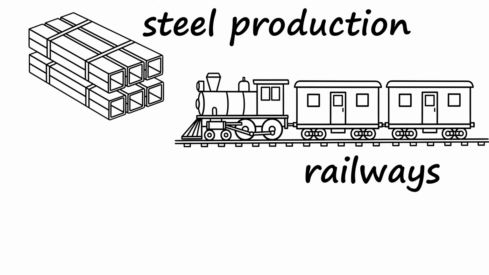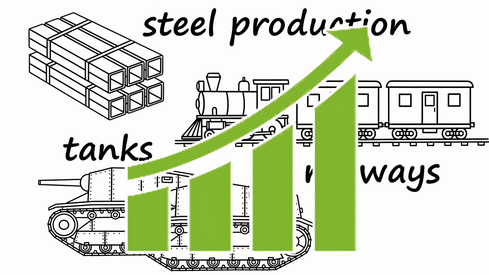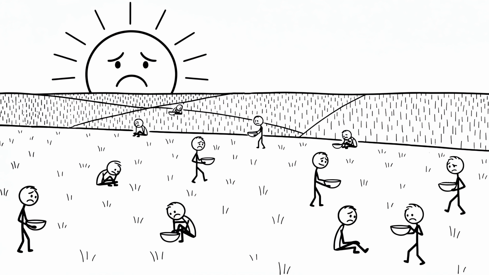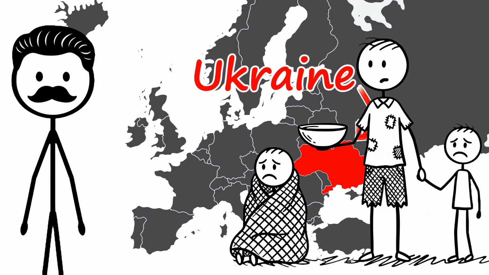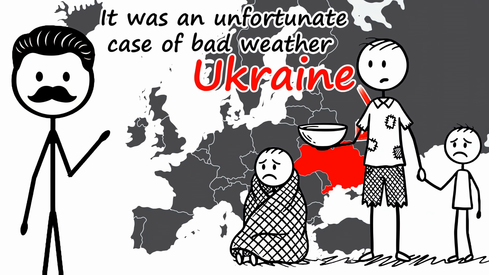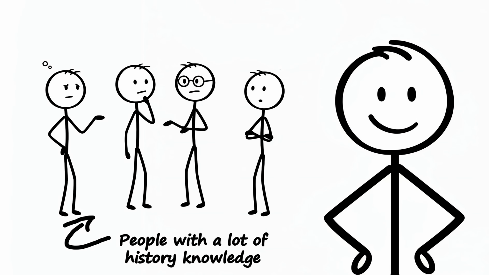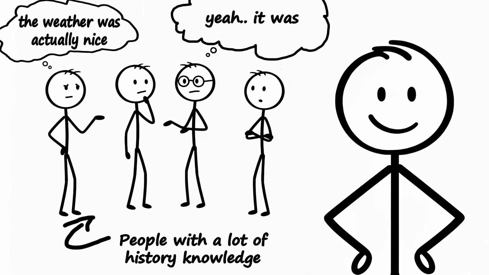Steel production, railways, tanks, everything skyrocketed. Unfortunately, so did famine. His forced collectivization of farms led to mass starvation, especially in Ukraine where millions perished. Stalin called it an unfortunate case of bad weather. Let's just say most historians tend to disagree with that statement.